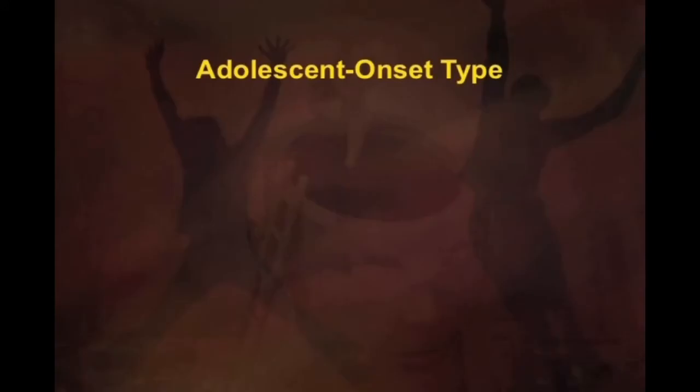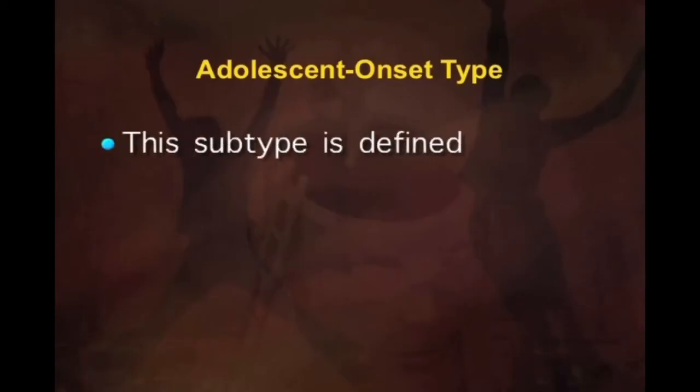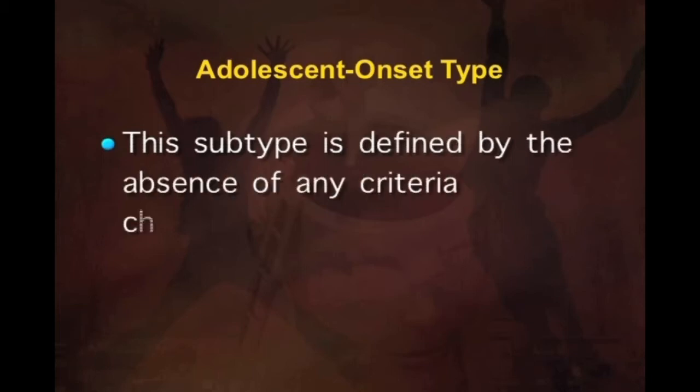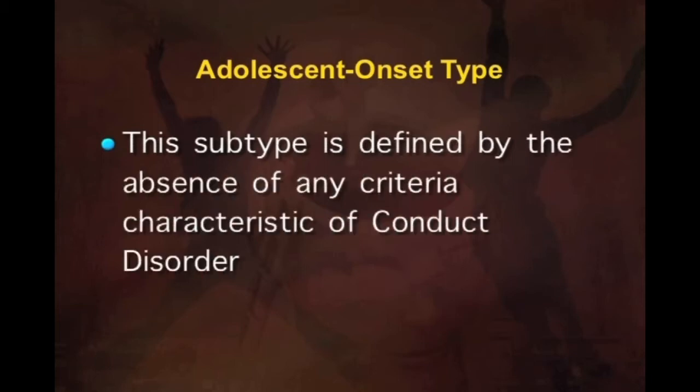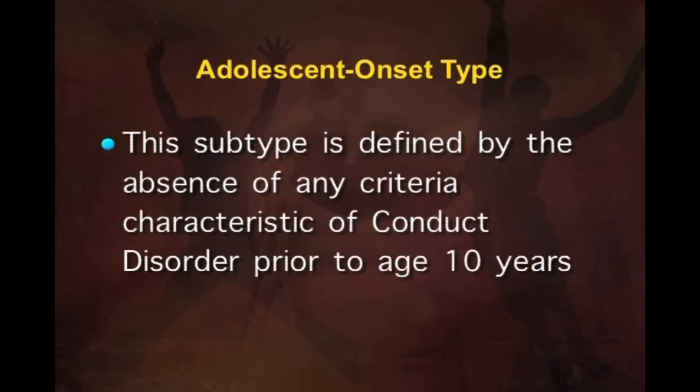Then, what are the characteristics of those children who are under the category of adolescent onset type? This subtype is defined by the absence of any criteria characteristic of conduct disorder prior to age 10 years.